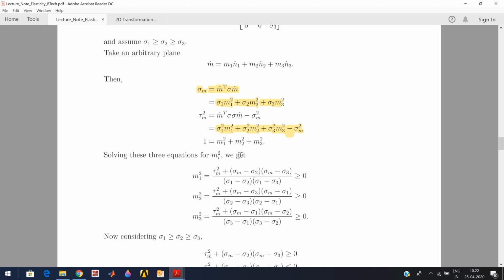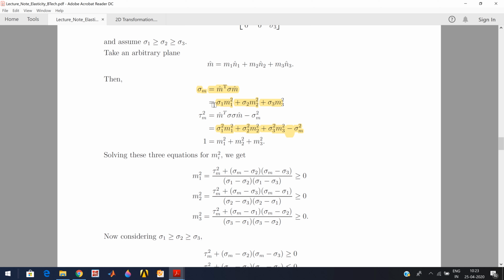Alright, then we have one constraint equation, which is m1 square plus m2 square plus m3 square equal to 1. So we have three equations, where you can see all those equations.